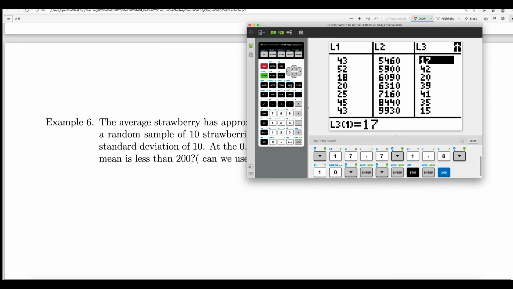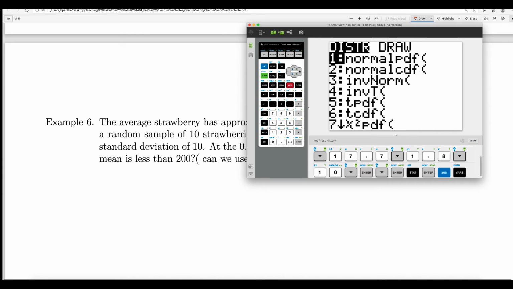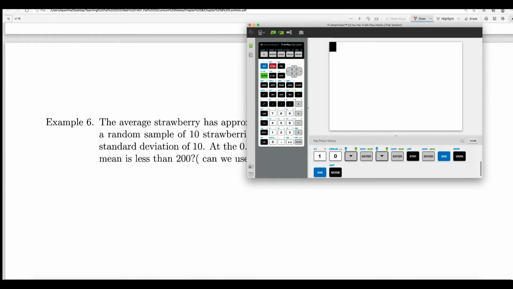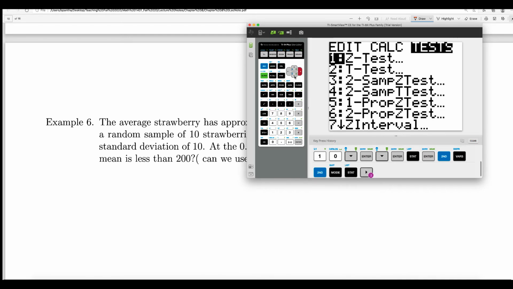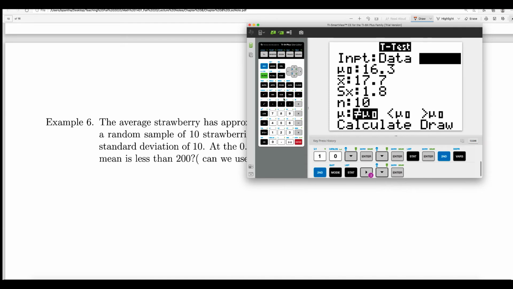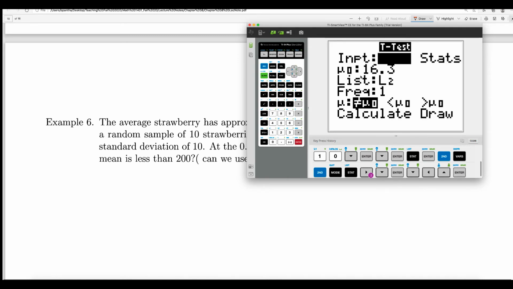Go to the stat and then go to the test, and then go to the t-test. And then in that case, instead of the stat, you pick the data there, and then mu 0, write down the null hypothesis.